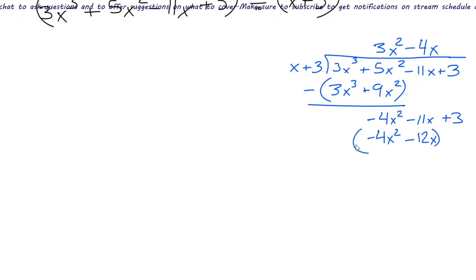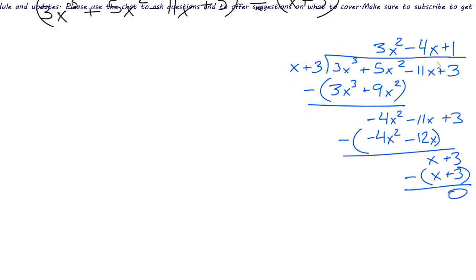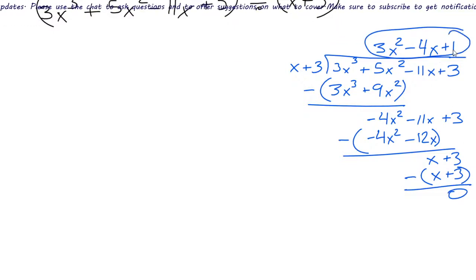And we're going to subtract negative 4x minus negative 4x, 0. Negative 11x plus 12x, because that's a double negative, so subtracting a negative is just like adding a positive, so negative 11 plus 12 is just going to be positive x, and bring down the rest. What do we have to multiply x plus 3 by to get x plus 3? Well, that's easy for us, that's just plus 1. Just multiply it by 1, get the same thing. Subtract. No remainder, so this is our answer.